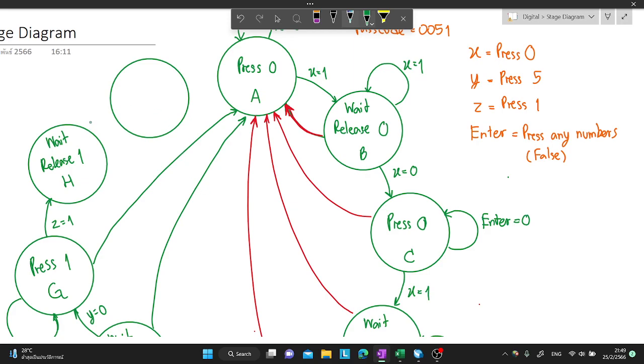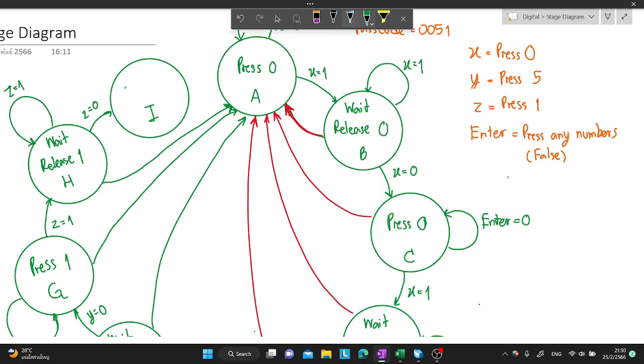And then if I still press, it's still in this current stage, which is Z is still 1. And then if I mess up again, it goes to state A again. And if after I release 1, which is Z is 0, it goes to the next state, state I.